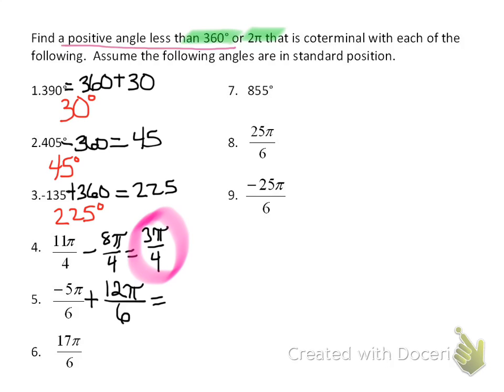And we get 7 pi over 6. Good. Nice and loud. Be proud of your answer. 17 pi over 6. Again, we're going to subtract 12 pi over 6 until we get a value that is less than 2 pi, but still positive.